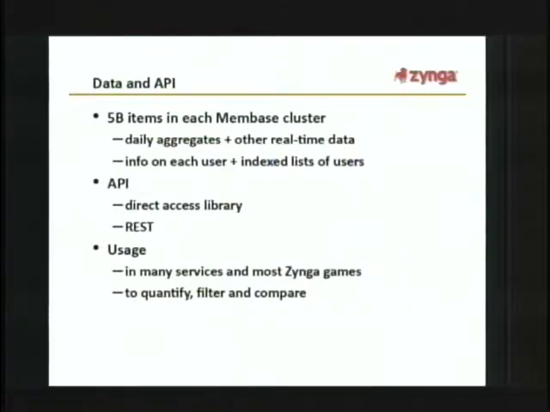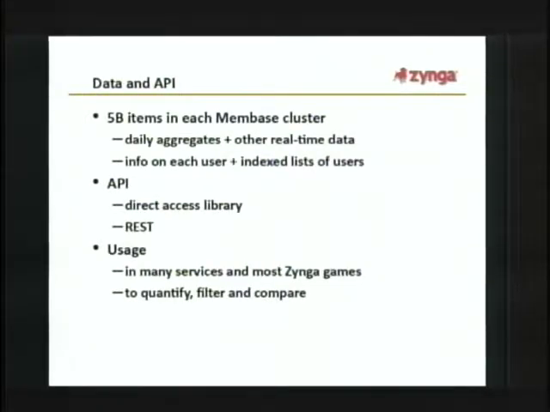So the two types of data are daily aggregates, and also information on each user. For example, we want to detect that a user made a purchase in one game, and that might trigger certain actions in another game. So that's how we use this Membase to communicate that.